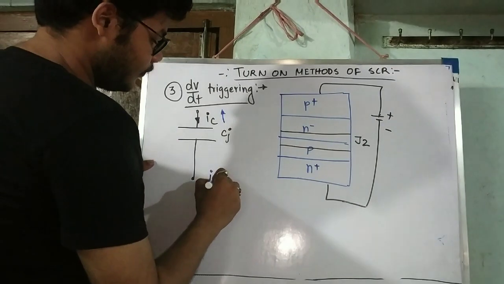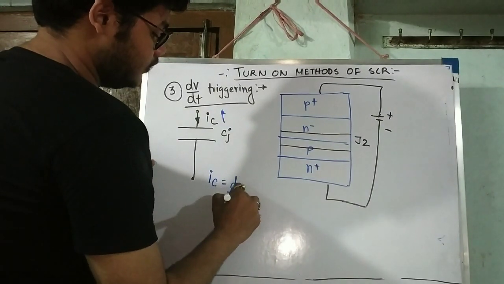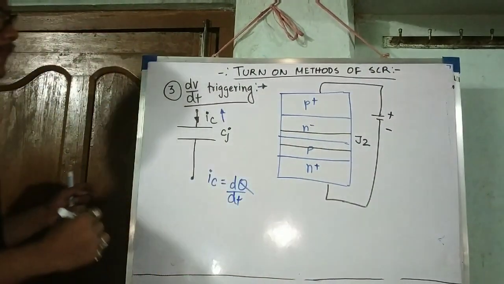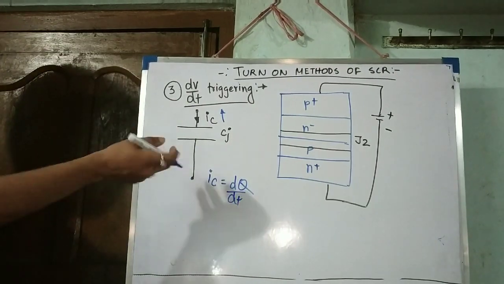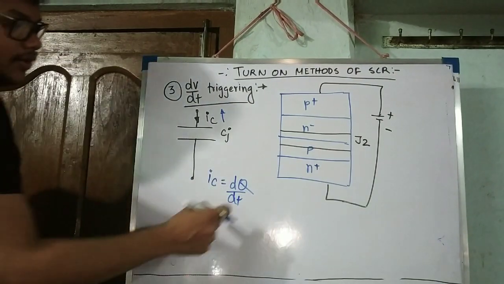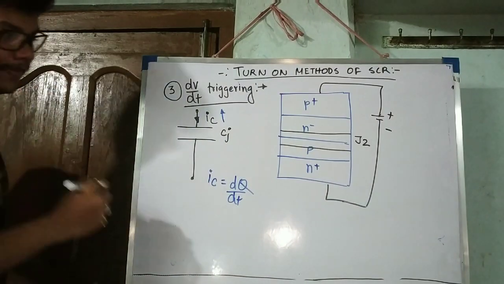And see, the charging current Ic means dq/dt. The charging current means change of charge with respect to time.